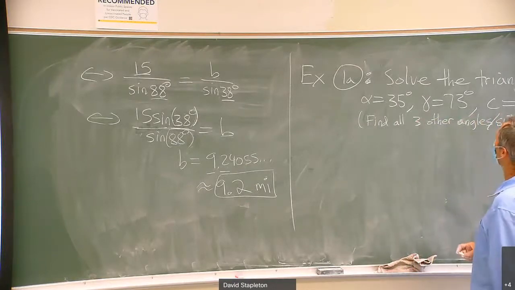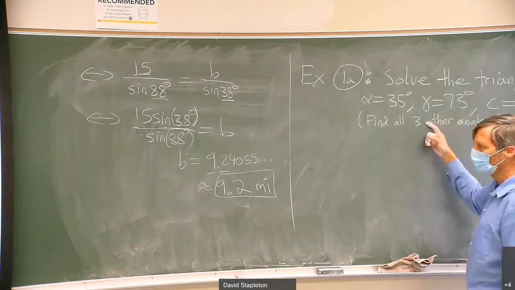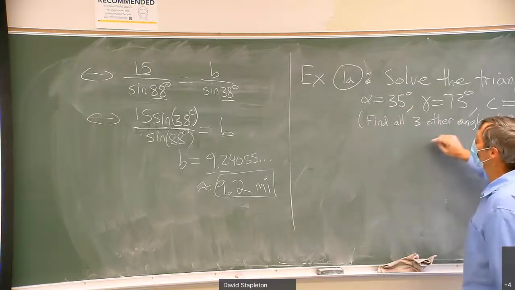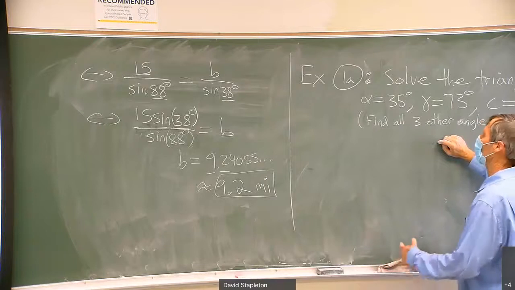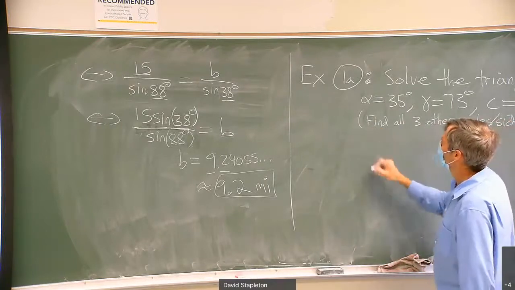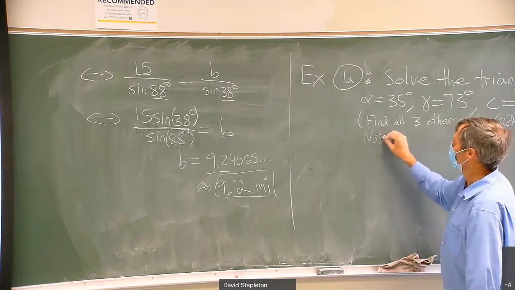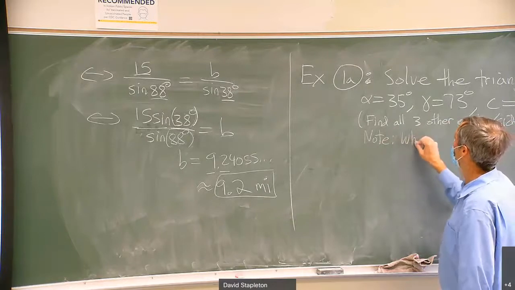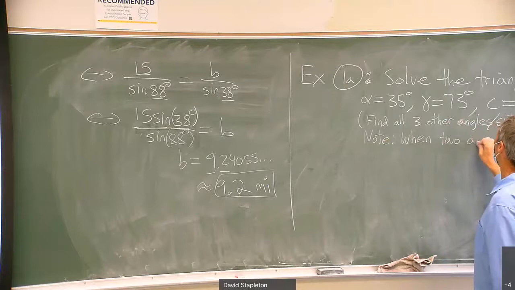Whatever's left, all right? And there's a hint here, you don't want to just use the law of sines 3 times, even though you could. Just like this last problem, if you get where you know 2 angles, instantly find the 3rd one, because it's just a subtraction and it's easier. Whenever you're solving and have 2 angles, don't use the law of sines again. Use the sum of angles theorem. When 2 angles are known, immediately find the 3rd.